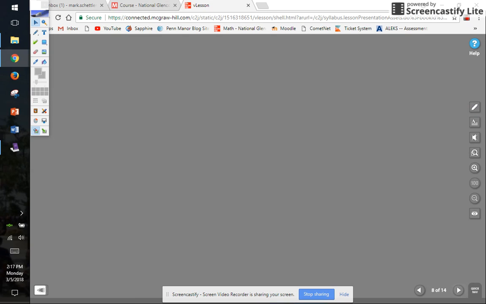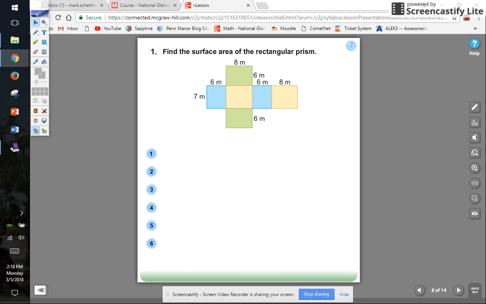Let's take a look at a real problem. Here's a net. To find the surface area of a rectangular prism, in this case a net, all we have to do is find the area of each of those squares and rectangles. We know how to do that by multiplying height times width. So let's find the area of each pair of faces.